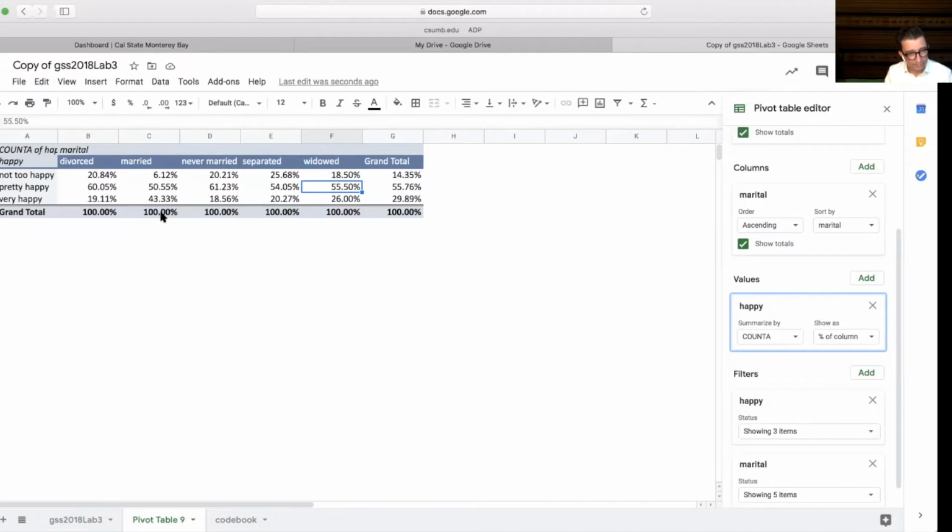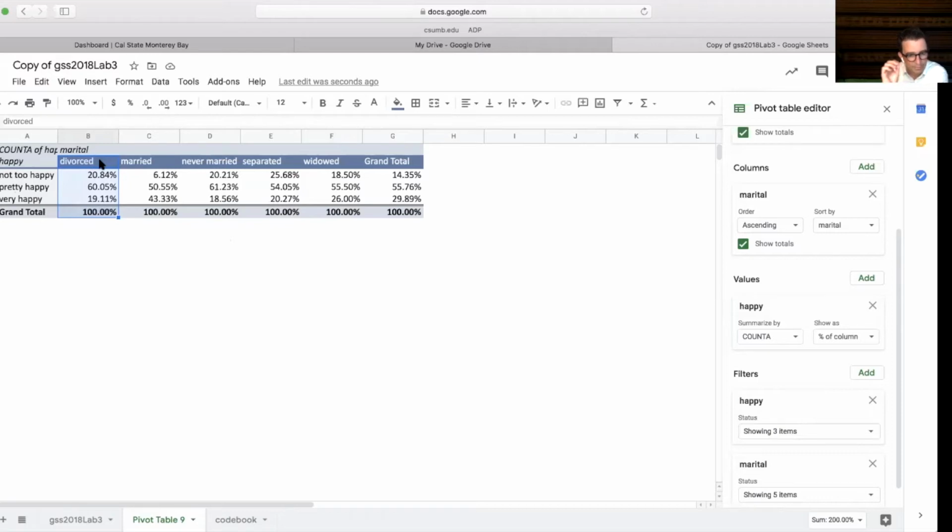And we wanted that because each column right now represents the distribution, the relative frequency, for the variable happy for each of these marital status categories. So for example, I'm looking at the first column, divorced.